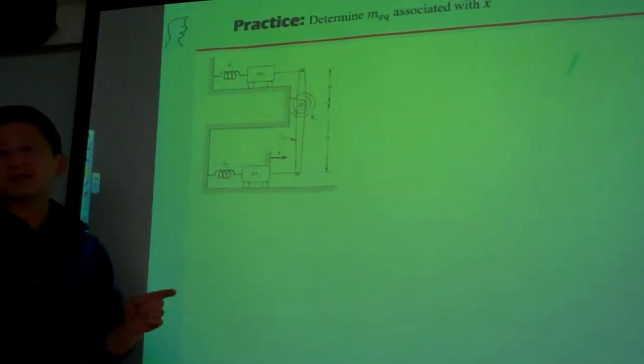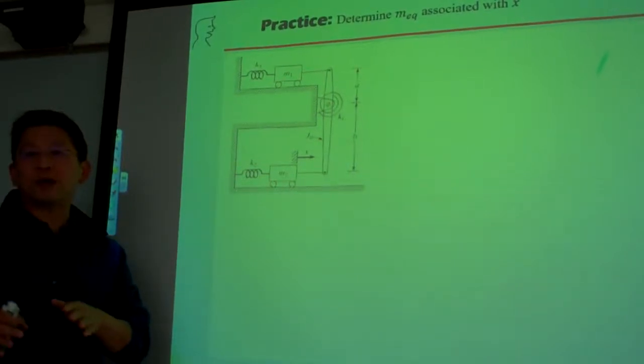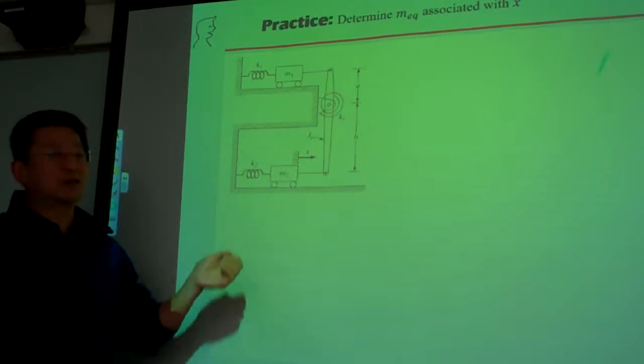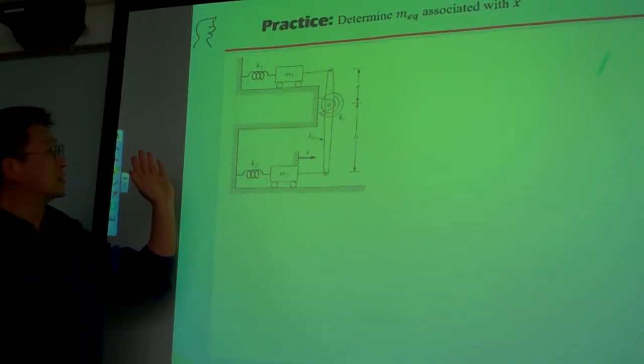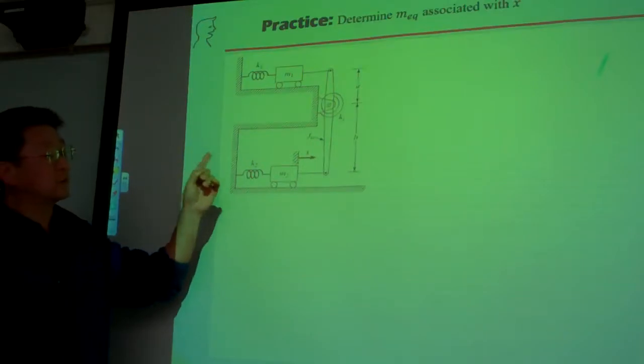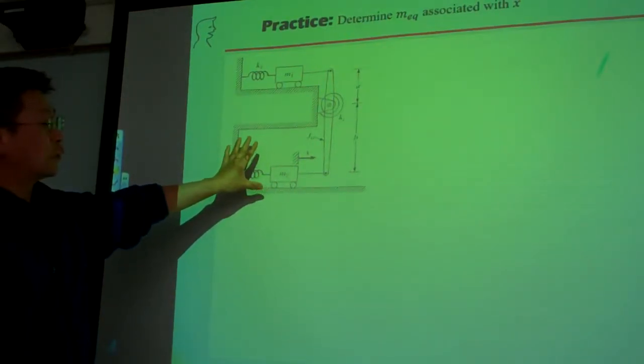As long as you assign one, your equation of motion will be equivalent to other people using a different definition of the degree of freedom, because this is a single degree of freedom system. So basically your equation of motion will be the same.